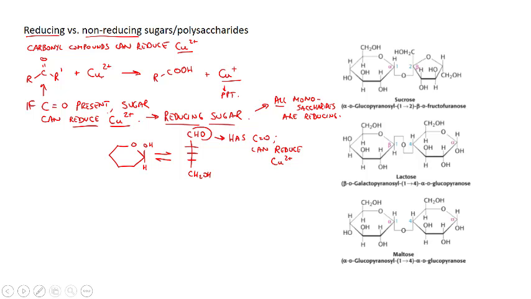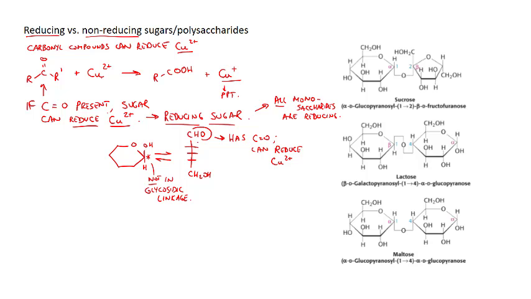Disaccharides and polysaccharides may or may not be reducing. And the reason for that is because this reaction is reversible only if this carbon is not in a glycosidic linkage. If it is, then it is locked permanently as a ring.